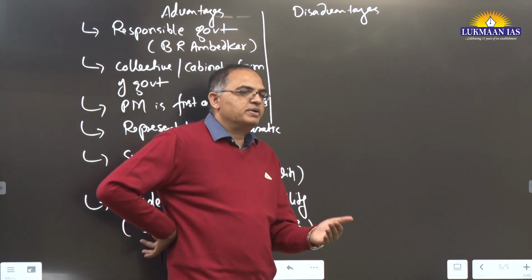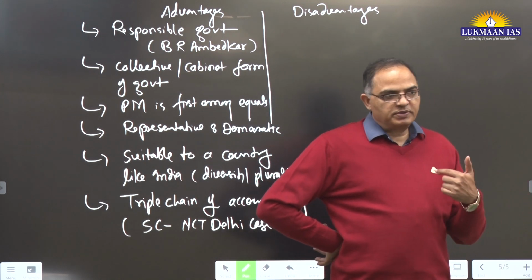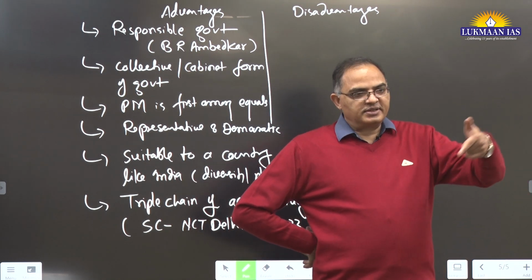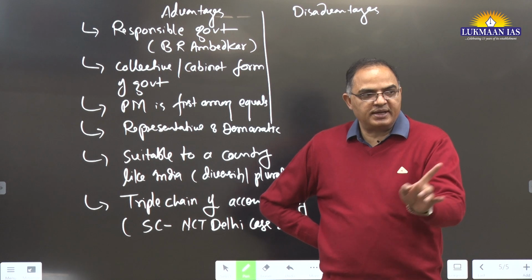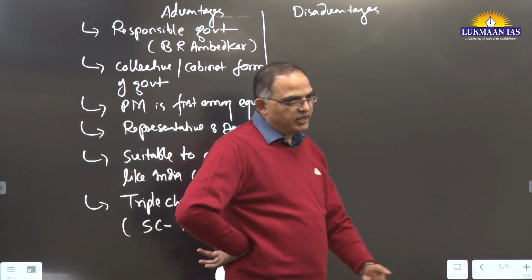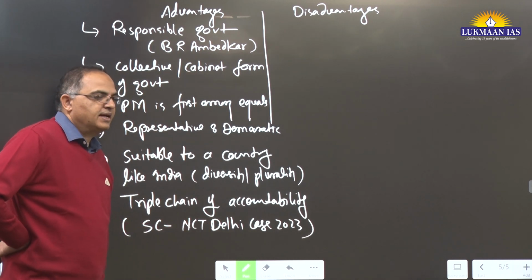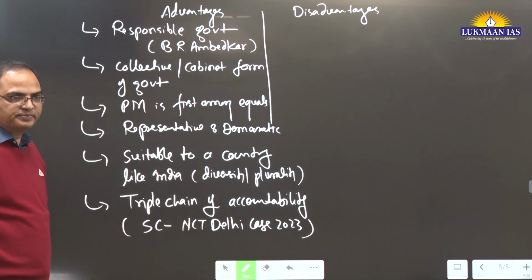Means you tomorrow become a bureaucrat, you are responsible to government. Government is responsible to the legislature. The legislature is responsible to the people because people elect them. This is called the triple chain of accountability, which was highlighted by the Supreme Court in the NCT Delhi case.